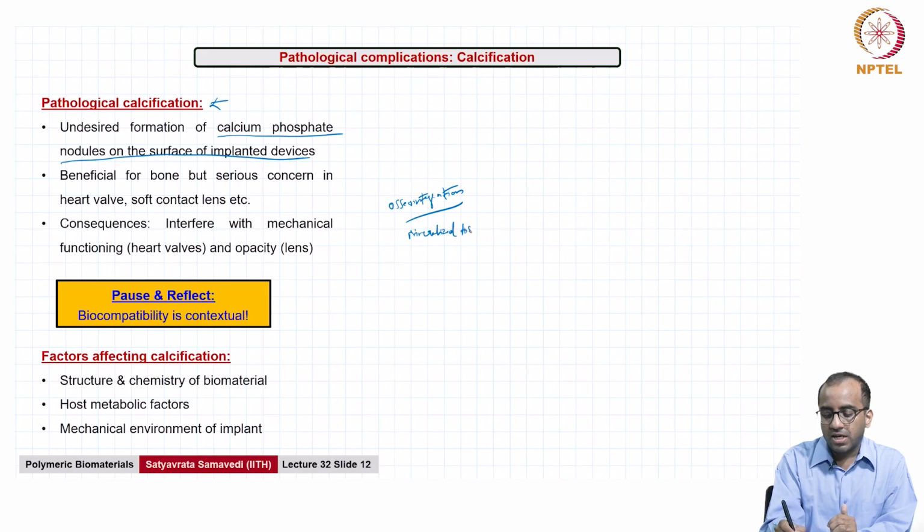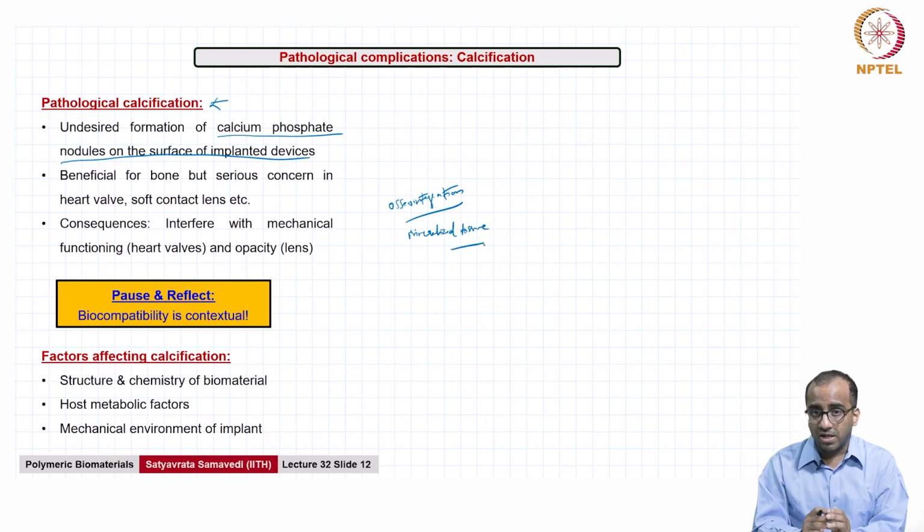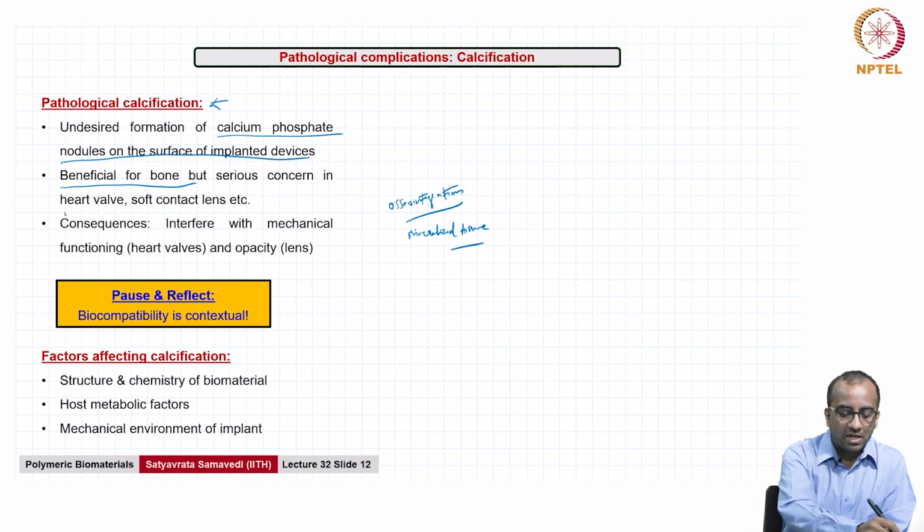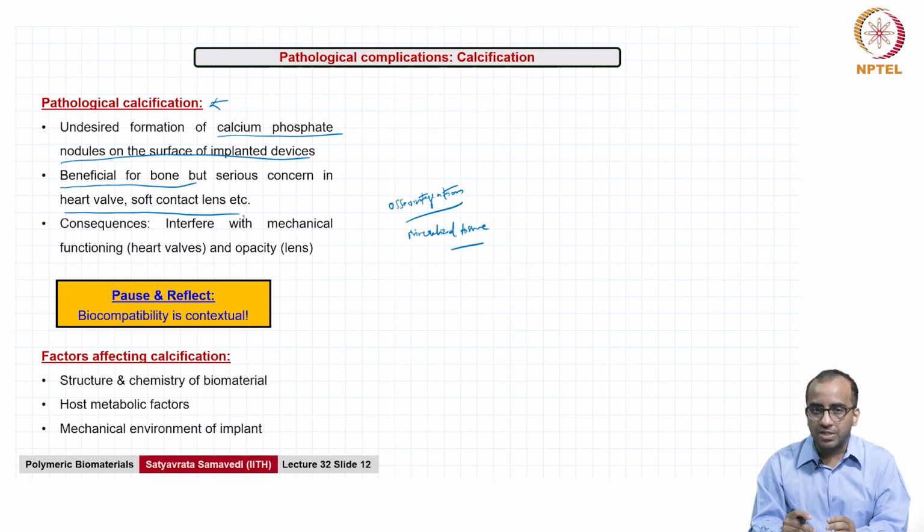So, there is an inorganic matrix, namely the calcium phosphate or the hydroxyapatite like matrix, associated with the organic collagen matrix in the bone extracellular matrix. So, in the case of bone, calcification is beneficial, but calcification can be an extremely serious concern in heart valves, soft contact lenses, etc.